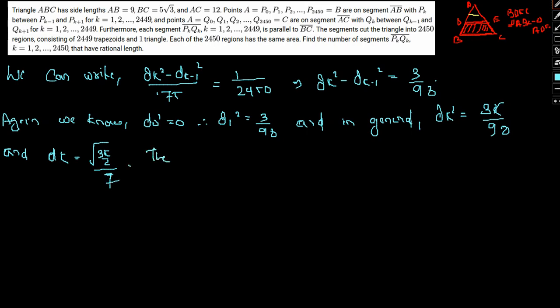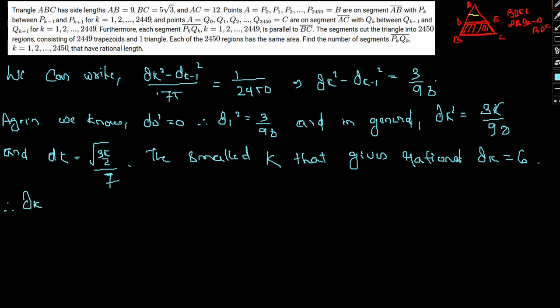Here the smallest k that gives a rational dk is equal to 6. Okay, so therefore dk is rational if and only if k is equal to 6n square for some integer n.